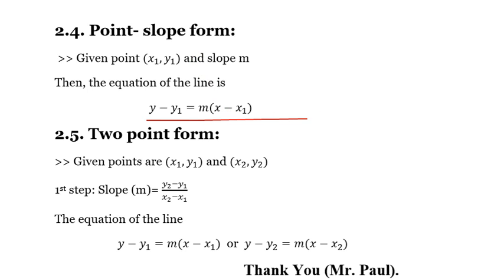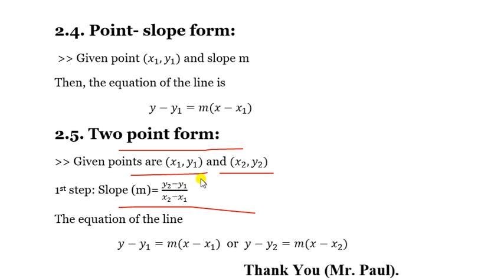Now next, when exactly two points are given, how will we find it? One point is x1, y1 and another is x2, y2. As I said, the slope is very important for finding the equation of a straight line. With these two points we can easily find the slope, because we have learned that the slope m is (y2 minus y1) by (x2 minus x1).